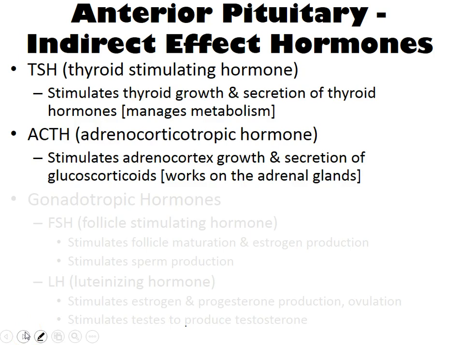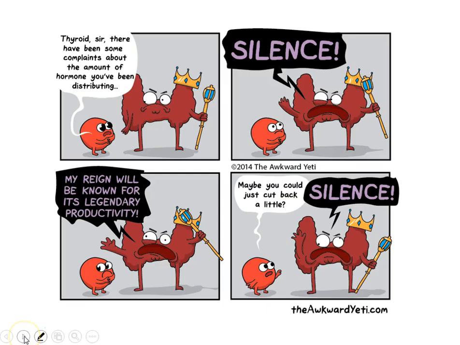The anterior pituitary also has an indirect effect with the TSH. It stimulates thyroid growth and secretion of thyroid hormones, which again manages metabolism. Your ACTH stimulates adrenal cortex growth and secretion of glucocorticoids, which also works on the adrenal glands.